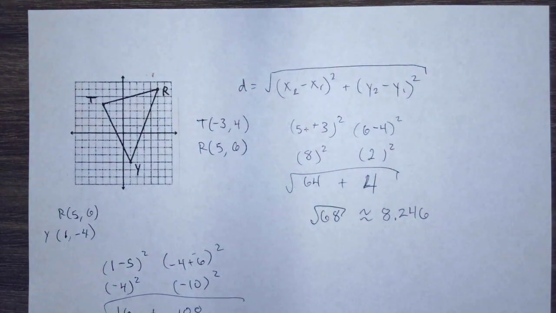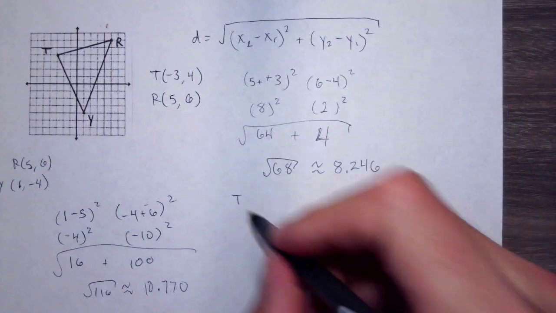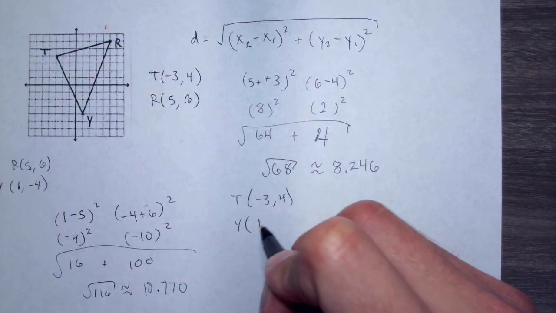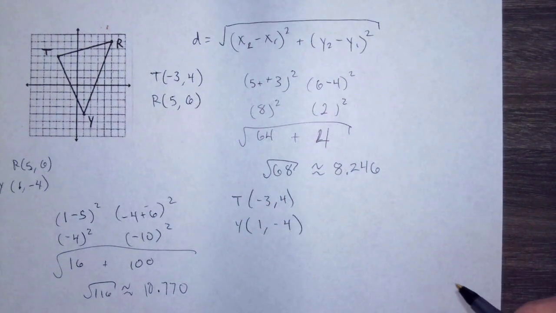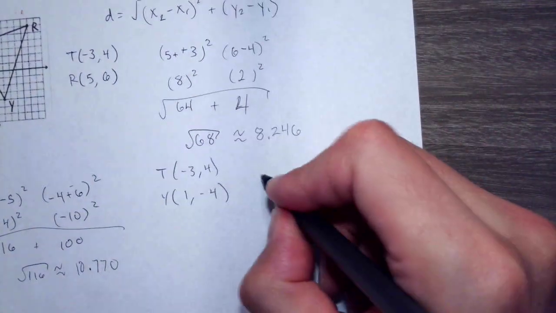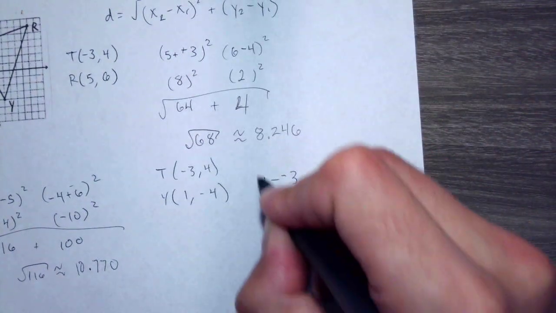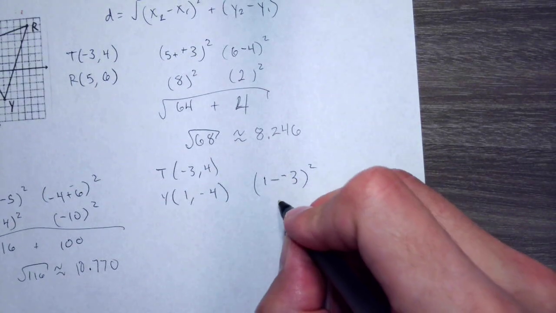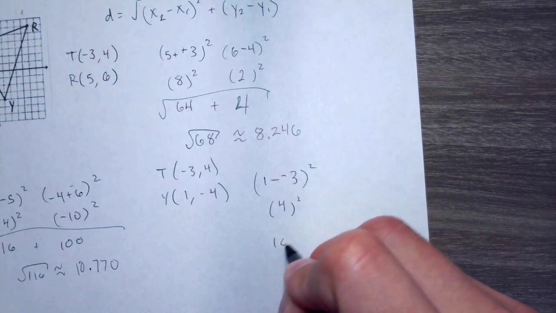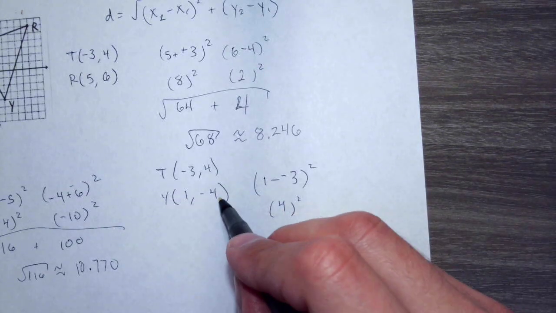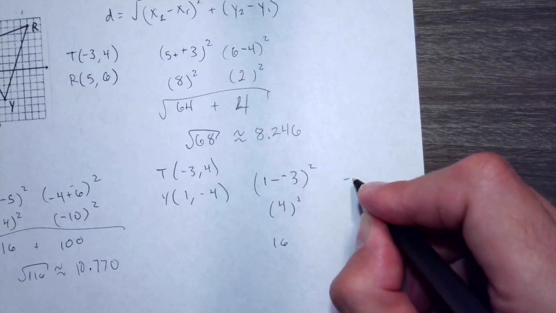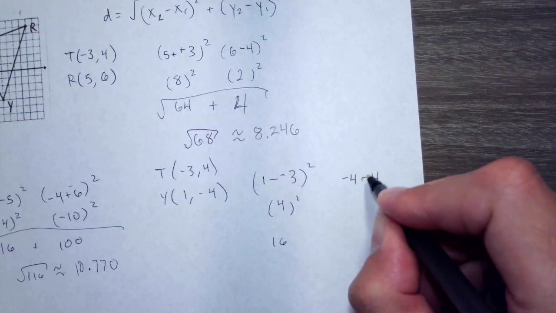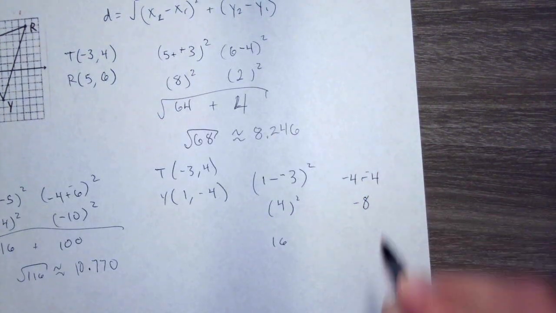So the last thing I have to do. So T, I already know that, that's -3, 4. Y, I also know that, 1, -4. And I'll find the distance. So 1 minus -3, and then square that. So 1 minus -3 plus, that's 4. Squared is 16. And then the y's. -4 minus 4, so that's -8.